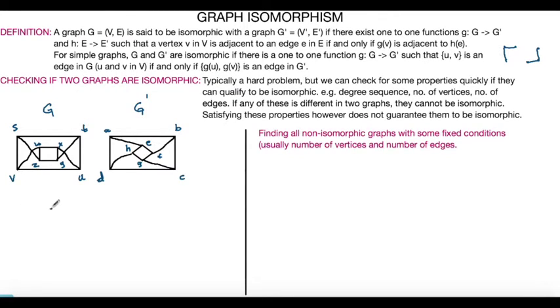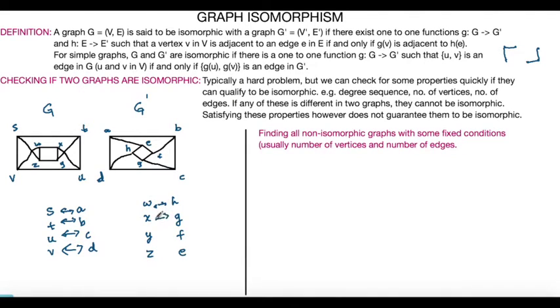So I can say S is mapped to A, T is mapped to B, U is mapped to C, V is mapped to D, W is mapped to H, X is mapped to G, Y is mapped to F, and Z is mapped to E. So this is my mapping here.